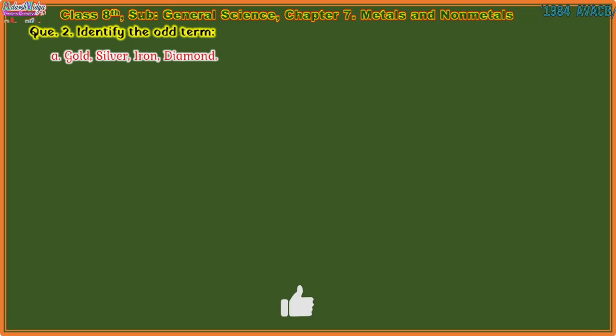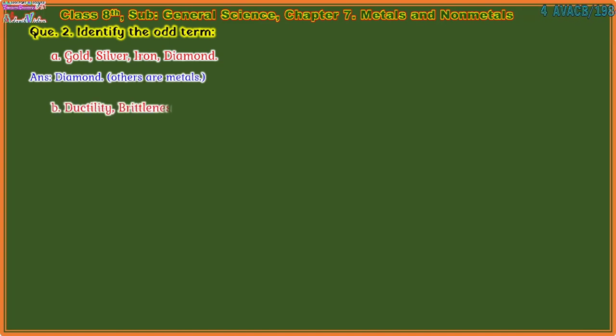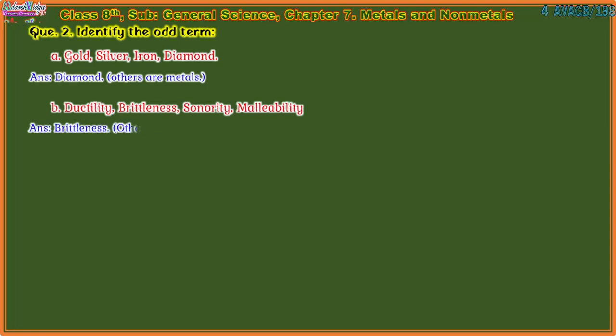Let's see the next question: identify the odd term. First terms are gold, silver, iron, diamond. Answer is diamond. Others are metals. Second terms are ductility, brittleness, sonority, malleability. Answer is brittleness. Other properties are metallic properties.